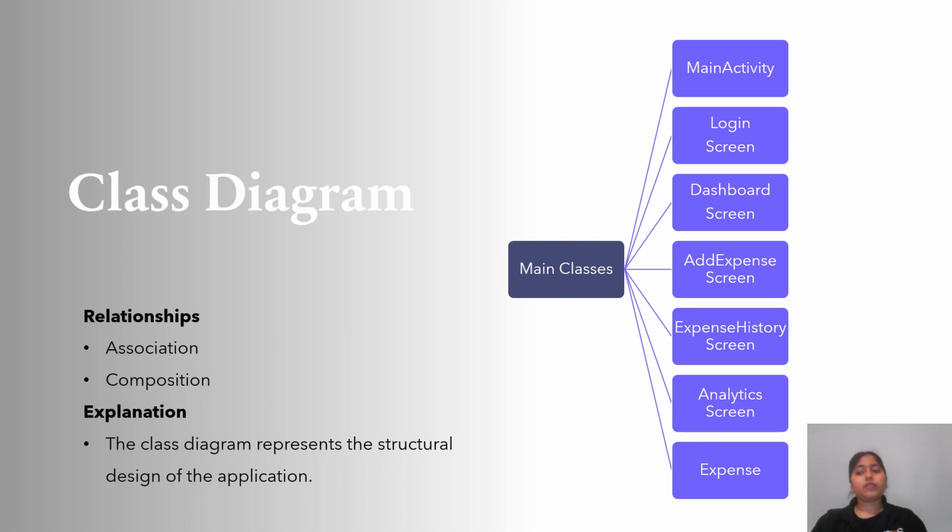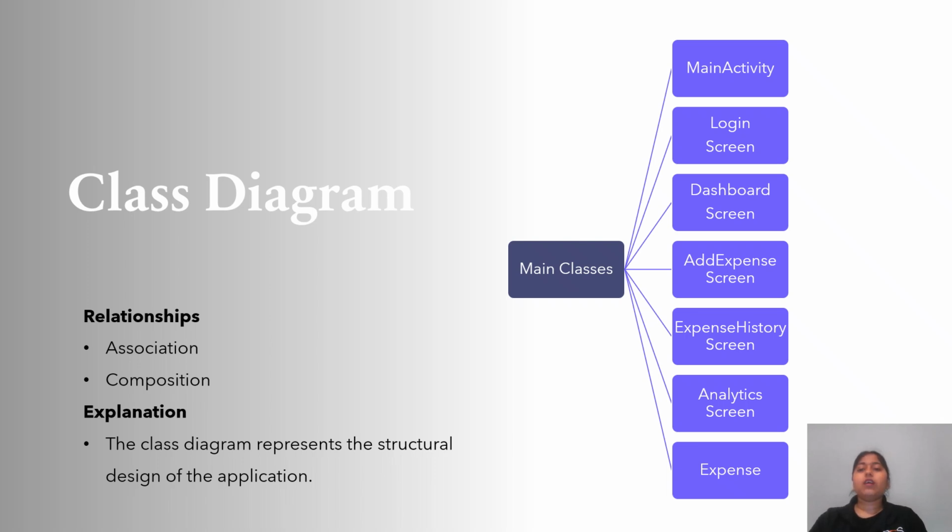The class diagram is one of the most important UML, meaning Unified Modeling Language, diagrams because it helps a developer understand application architecture, relationships between classes, data organization, object-oriented programming structure, and software maintainability and scalability.